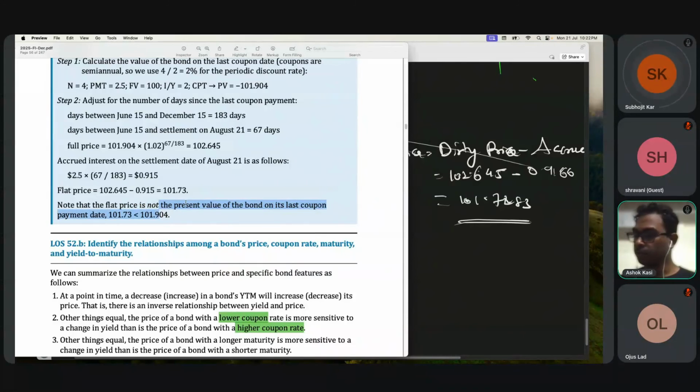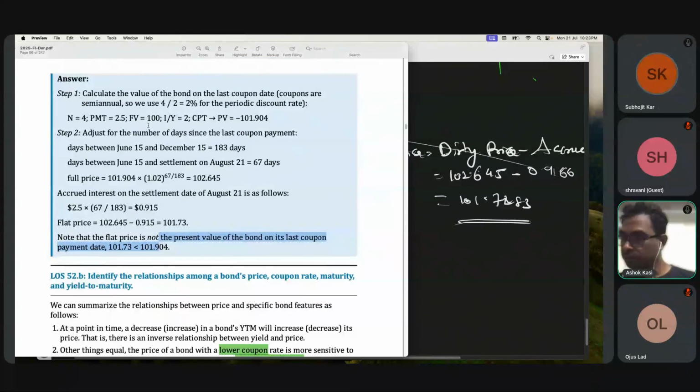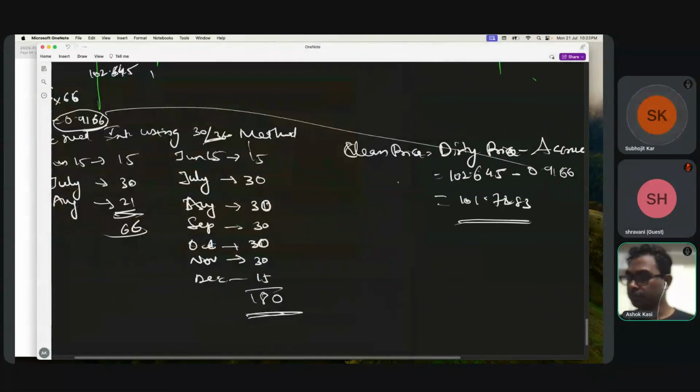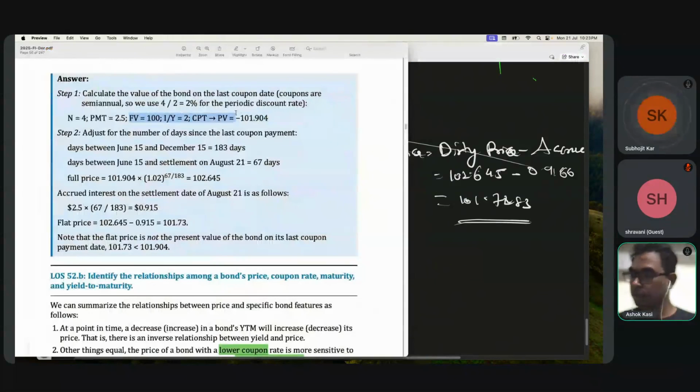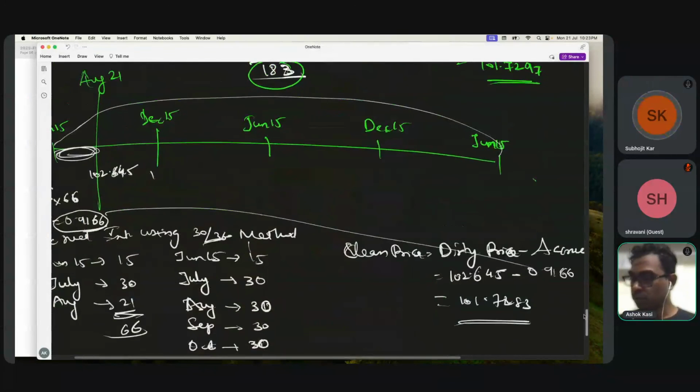What is this 101.904? This is the present value. So present value is 101.904 and clean price is 101.73. Both are different.